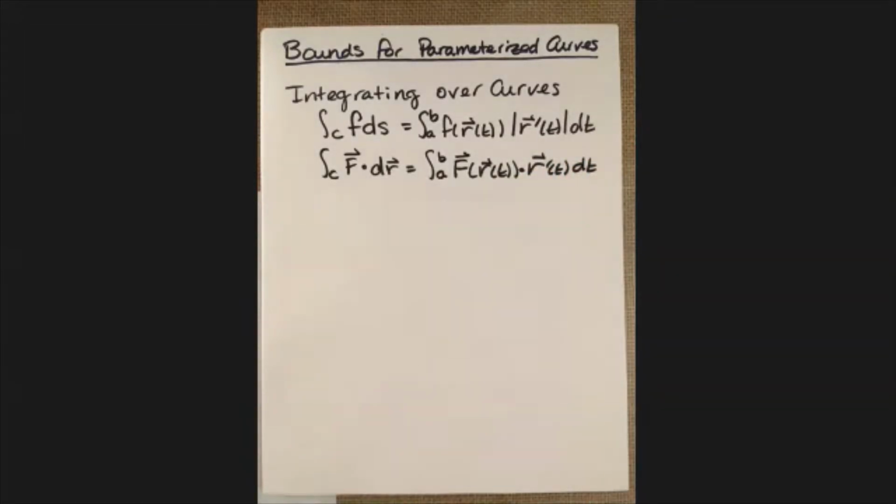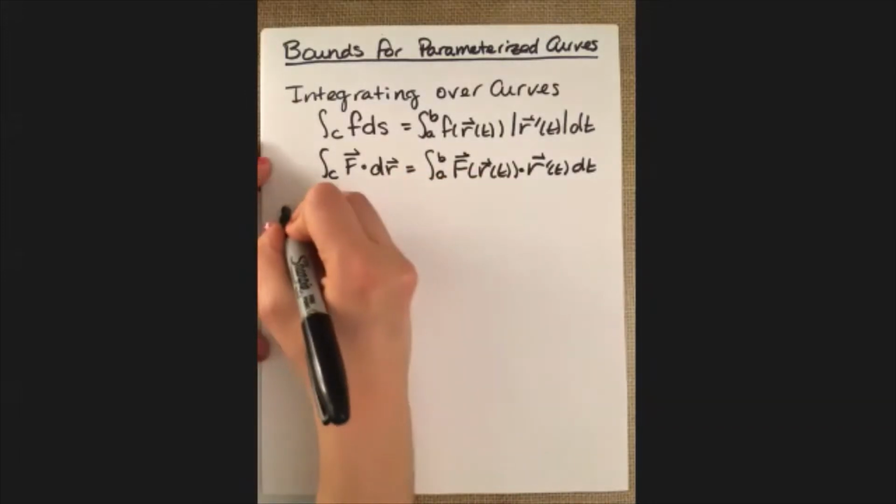So these two look really quite close. They're quite similar, at least in concept and motivation for how these two formulas get put together and where they come from. But because of this, we need a parameterization in both cases for the curve.